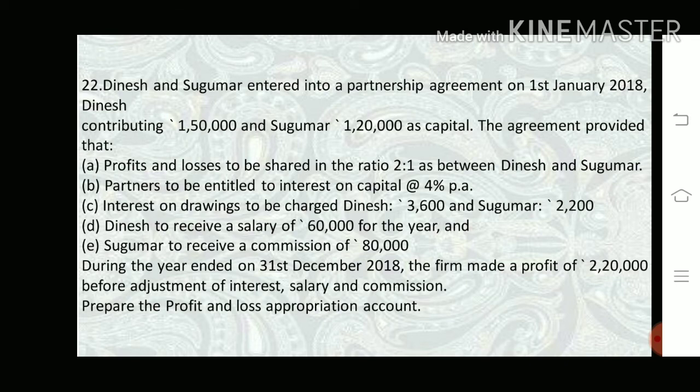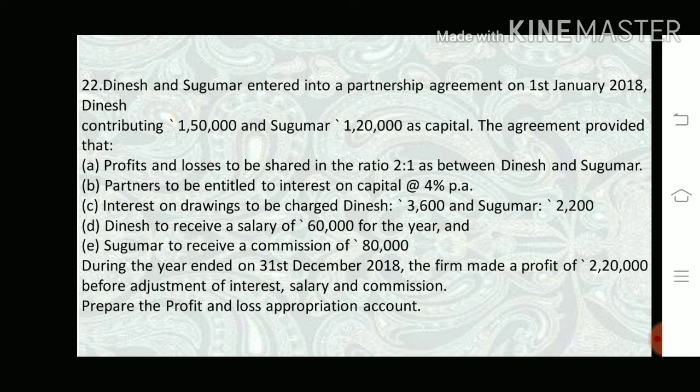Then we will come to the debit side: to interest on capital account, to salary to Dinesh, commission to Sukumar account. Okay. First we will come to the credit side. By profit and loss account 2,20,000, interest on drawing account Dinesh 3,600, Sukumar 2,200, totally 5,800.